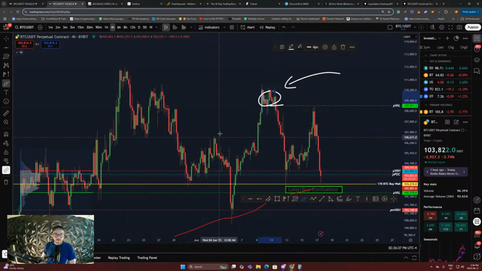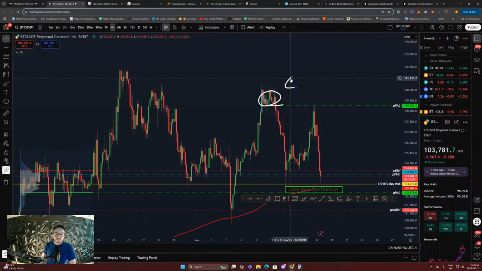Either it was here or it was here. One of these two moves. And then shortly afterwards, news on the war came out. And we had already confirmed a break to the downside. We already saw money flowing into the exchanges. So most of us were already in trades. But yeah, then the news came out and enhanced the volatility of the drop.